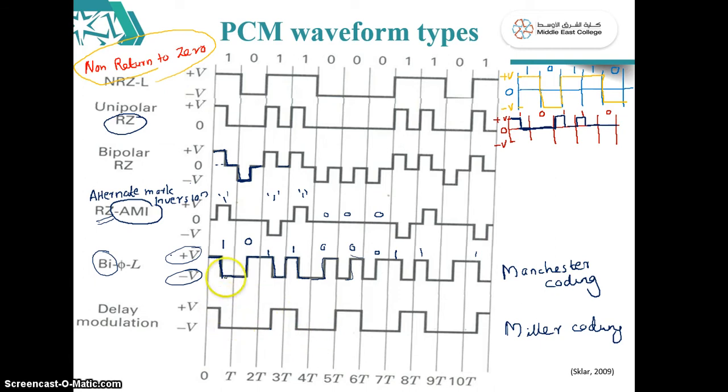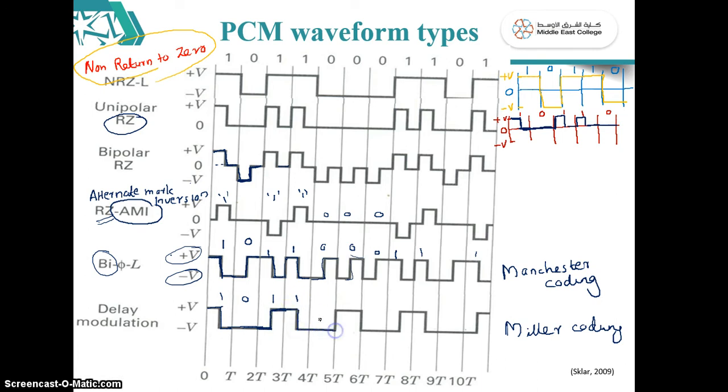So just see, here I represent 1, whatever the level is it will continue until the midpoint, and from the midpoint it changes. Now this is 1, 0 means there is no change, and here it is 1 because at the midpoint the state changes. Again 1, the same state continues till the midpoint of this bit interval, then it changes.